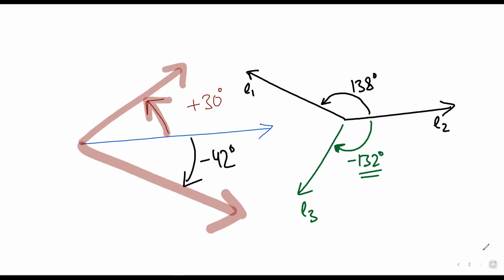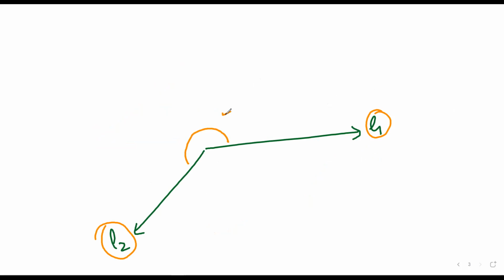Okay. Let me take one more example. So for example, this is line L1, this is line L2. Now, see, if you have understood the logic, angle between L1 and L2 can be measured. This angle can also be stated, and this angle can also be stated.